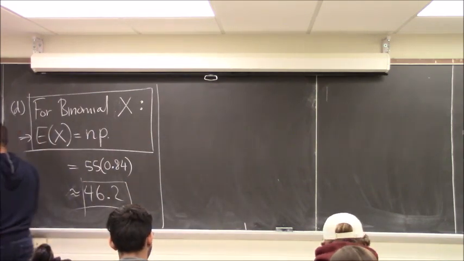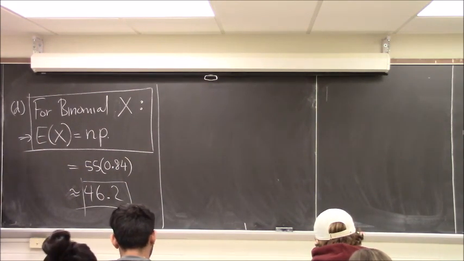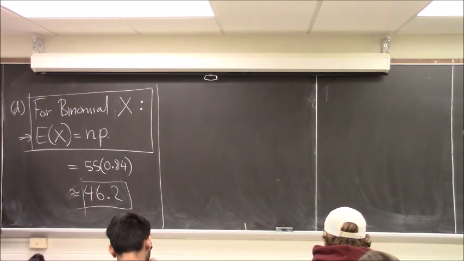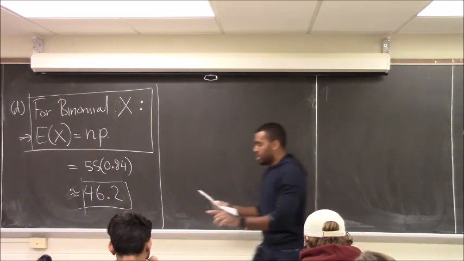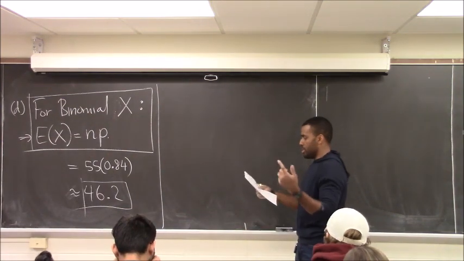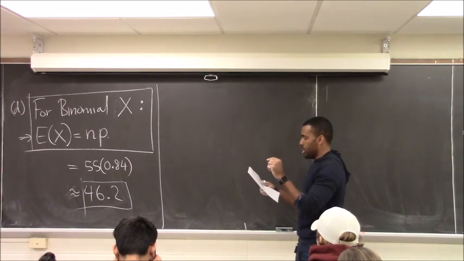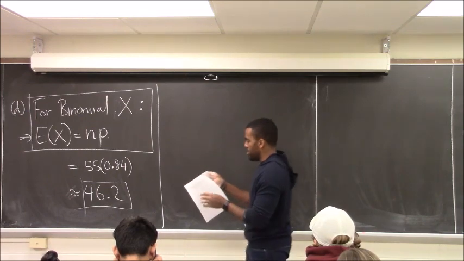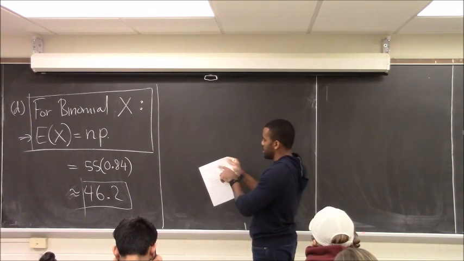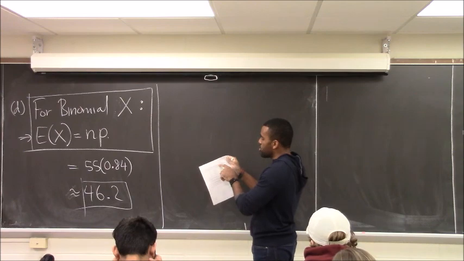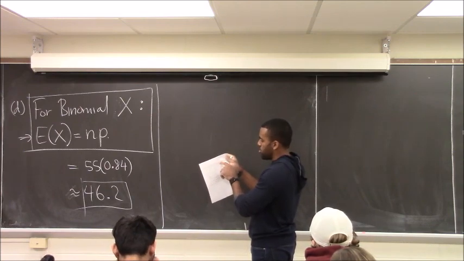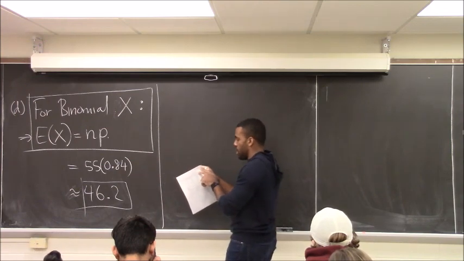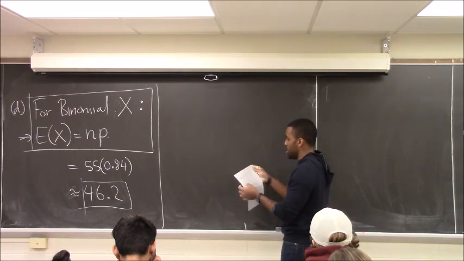So for part A, we said the probability of someone being able to donate to a blood type A positive... oh, hold on, let me quickly read it. Okay, we have four blood types in this problem: O, A, B, and AB, and the probability of having each is here. 43% of people have blood type O, 41% have blood type A, 11% have blood type B, and about 5% have blood type AB.